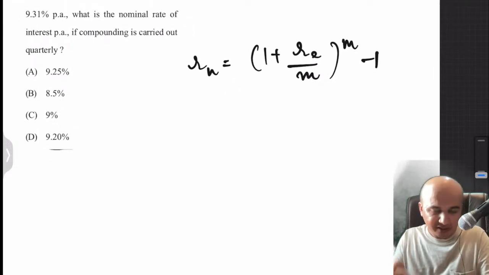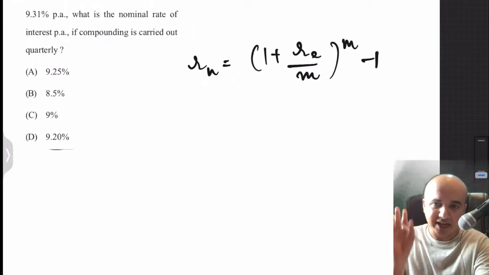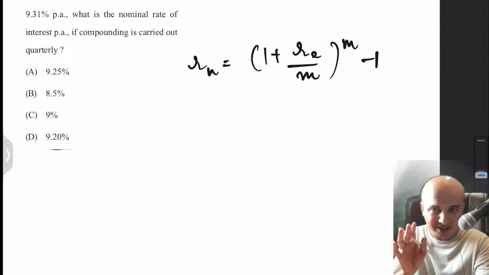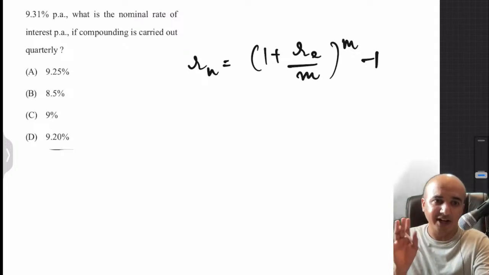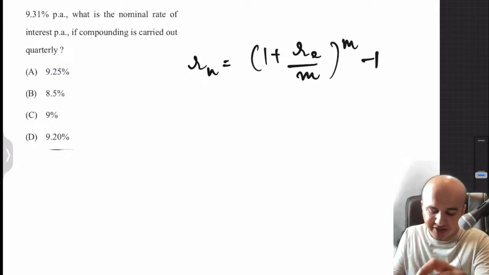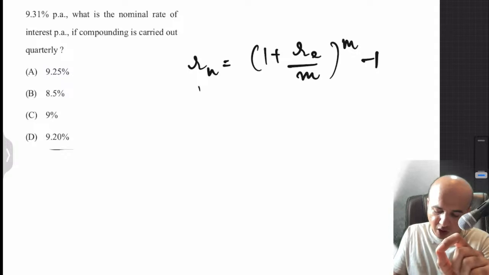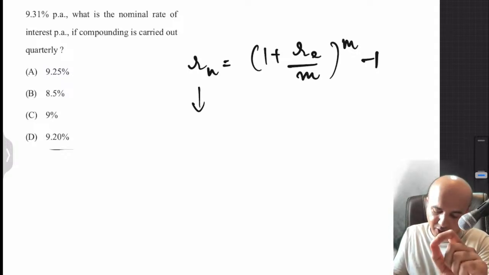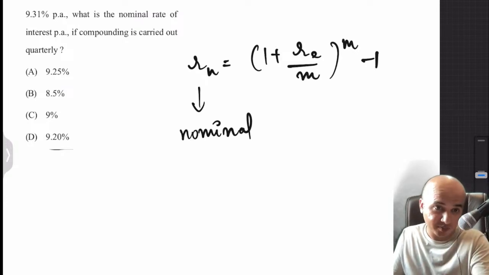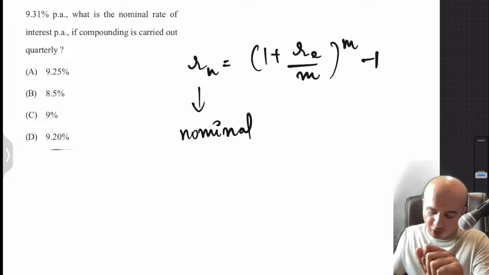Because they have mentioned quarterly. So now all that we need to do is substitute the values here. Once we are able to substitute the values, we can easily identify how much is the nominal rate of interest. So now, first of all, let us try to understand what is what. So Rn is what? It is the nominal rate of interest, which we do not know. Okay. Re is what?